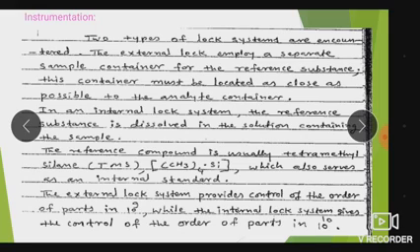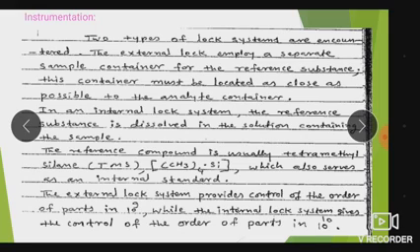In the internal lock system, the reference substance is dissolved in the solution containing the sample. So that is the internal lock.